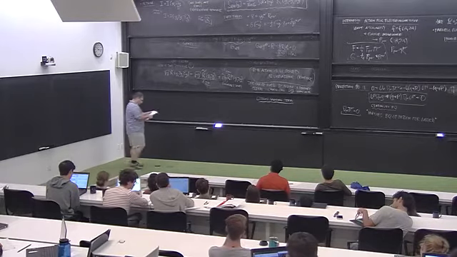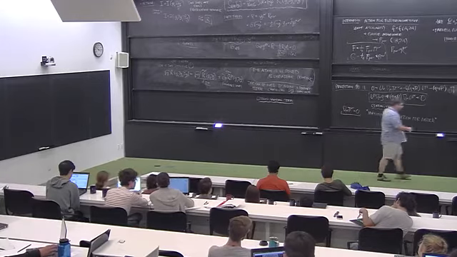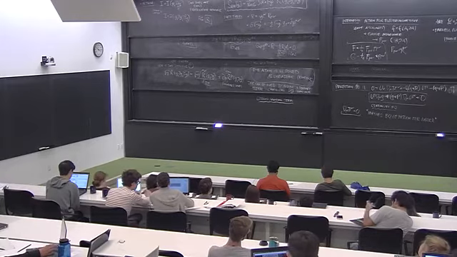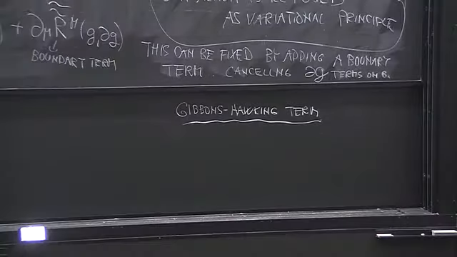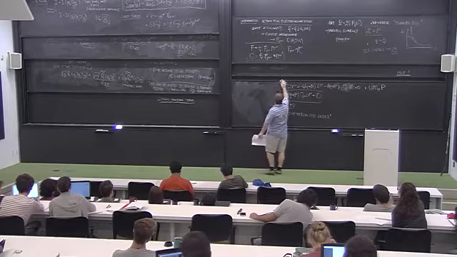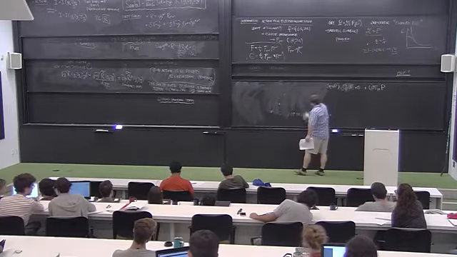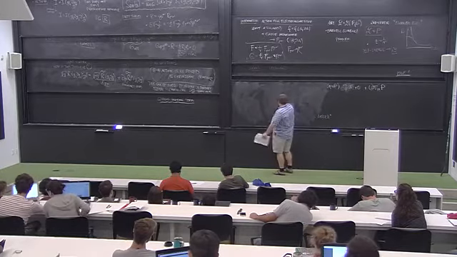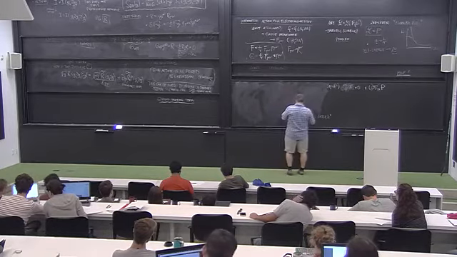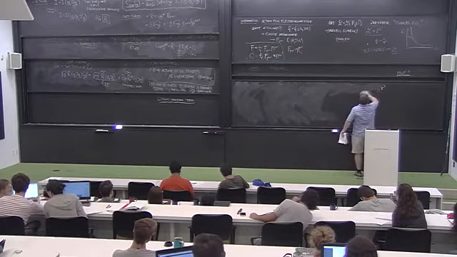Okay, so that was remark number 1. Remark number 2 is actually much more practical for us. We have done the variation of the Einstein-Hilbert action, and the Einstein-Hilbert action depends on the metric and second derivatives of the metric. For this reason, the corresponding formalism is called second order formalism.